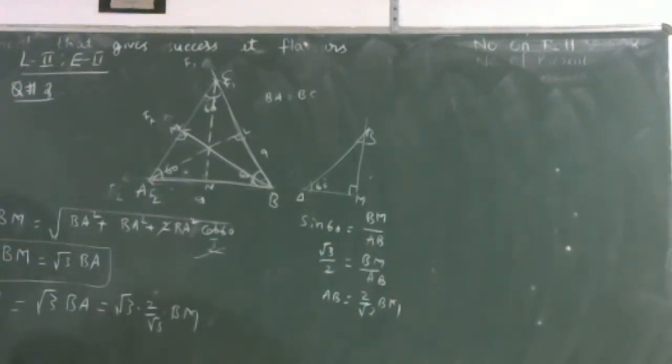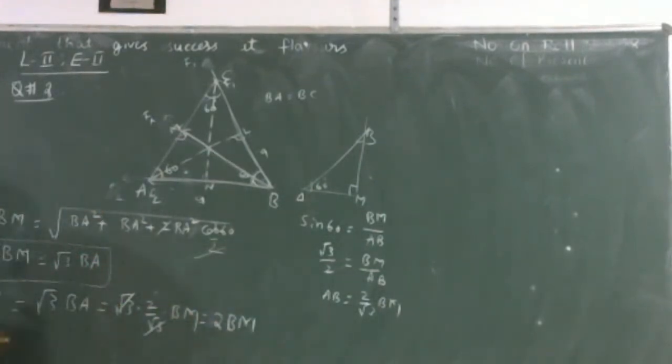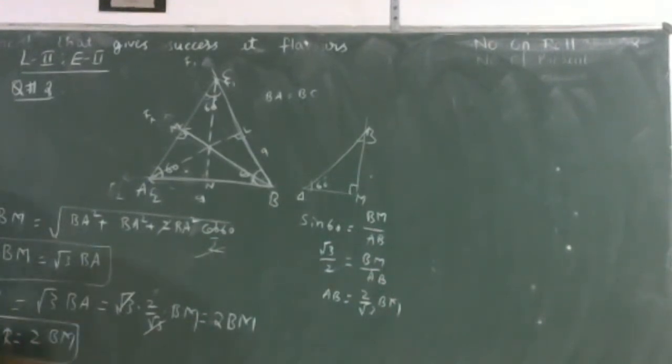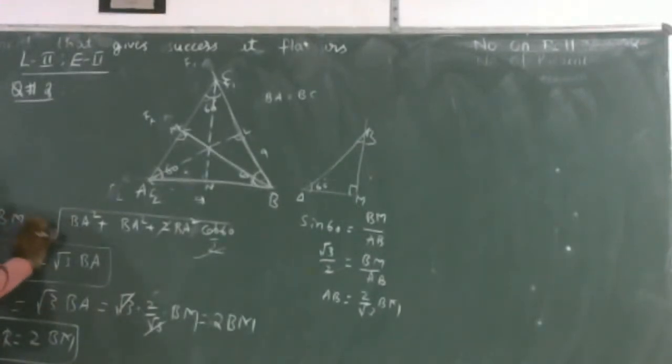Is there any such option? So it is question number 2. The resultant should be, if you observe, equal to 2 BM. This is the resultant. R is equal to 2 BM. Right? Here, don't get confused. Actually, the length of this BM is supposed to be BA, along this.